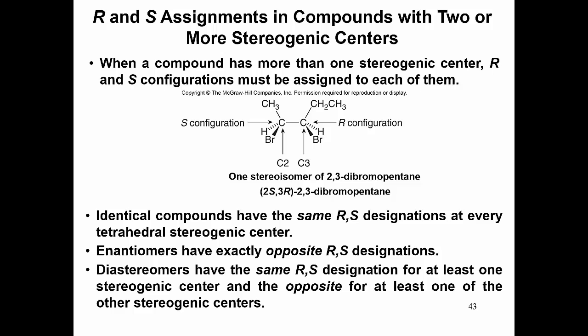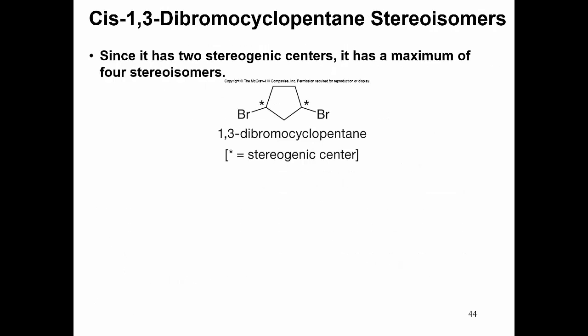And if you can make another stereoisomer that is not a mirror image and not superimposable, of course, then you're going to have a diastereomer. And the RS designations are simply figured in the same manner. And what you're going to find is that the RS designations change, they go along with that.